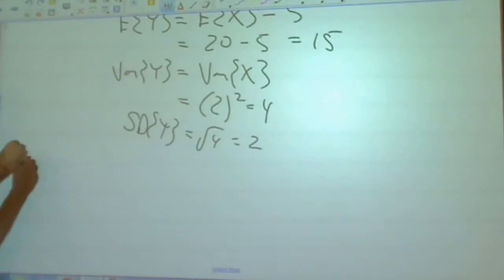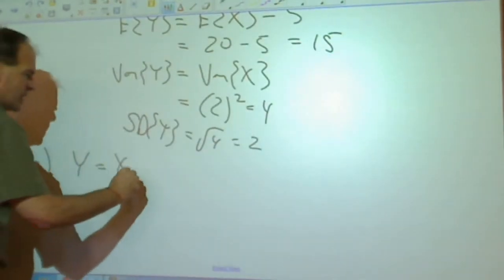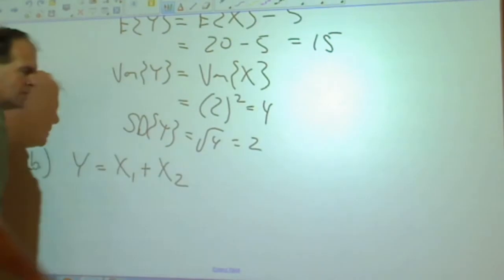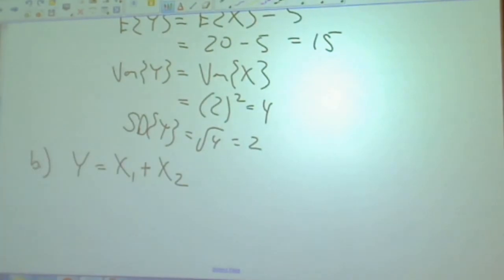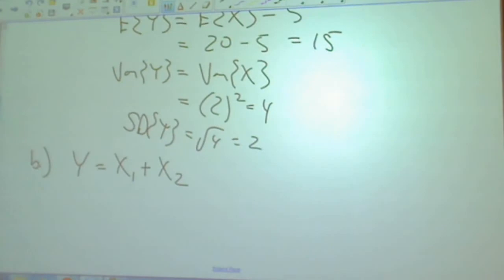Okay, B. The new random variable is x1 plus x2. Anybody know what I mean when I'm saying that? What do I mean by these subscripts?